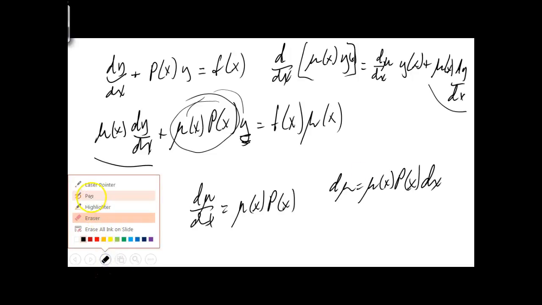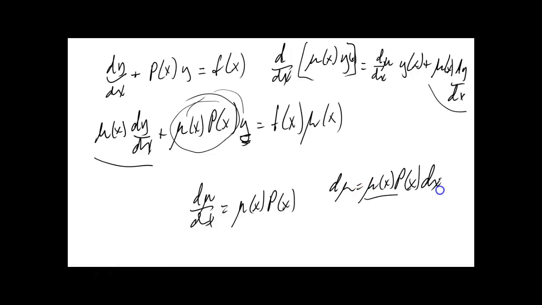Almost had it. Let's divide both sides here by mu of x, right? Okay. Now we've got it. Now we take the integral of both sides. Guess what this is? Integral of d mu over mu, log mu.